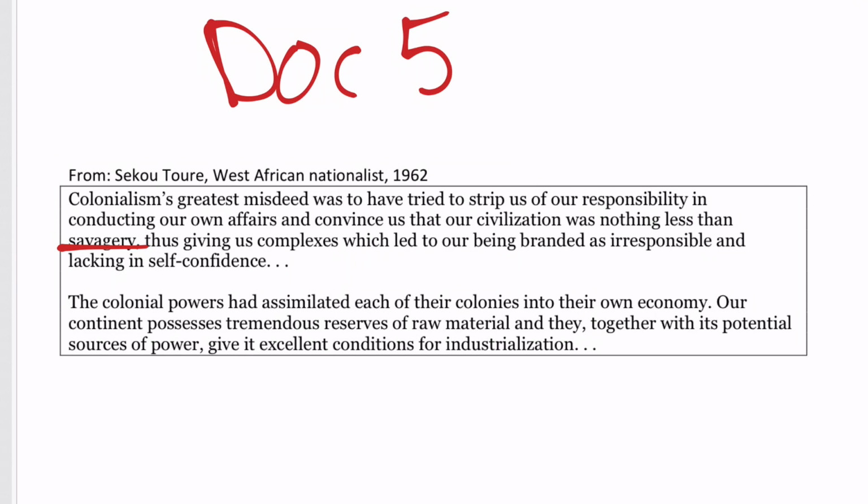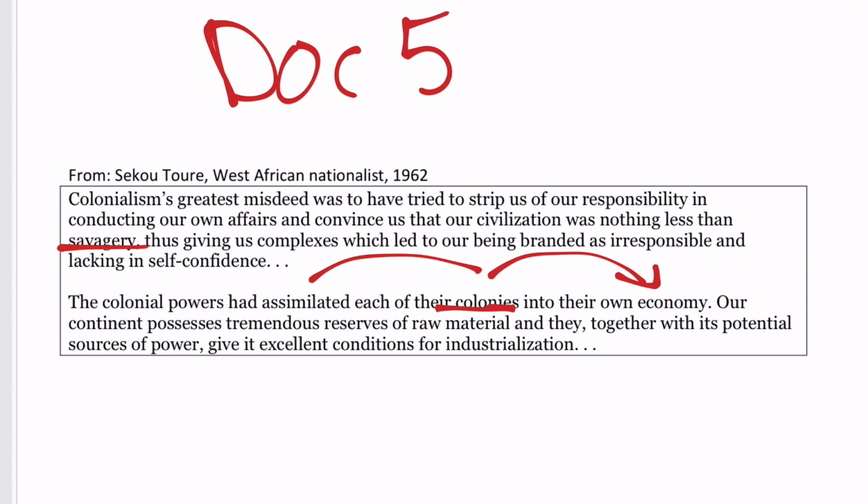The colonial powers had assimilated each of their colonies into their own economy." That means that they took the colonies' economies and put them into their own. Assimilated, put into their own. "Our continent possesses tremendous reserves of raw material, and they, together with its potential sources of power, give it excellent conditions for industrialization." So how would you describe this?